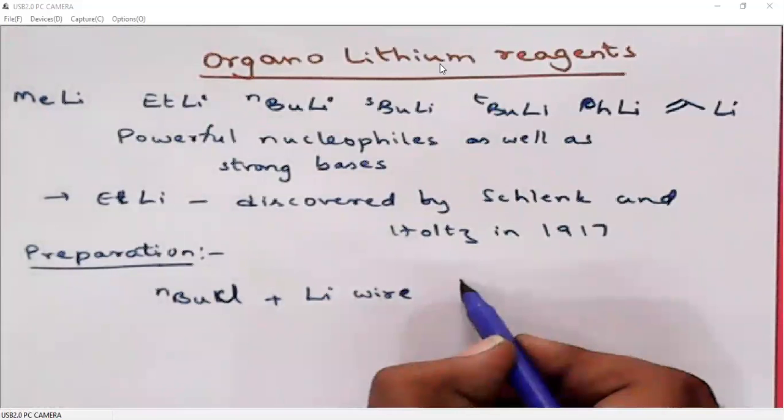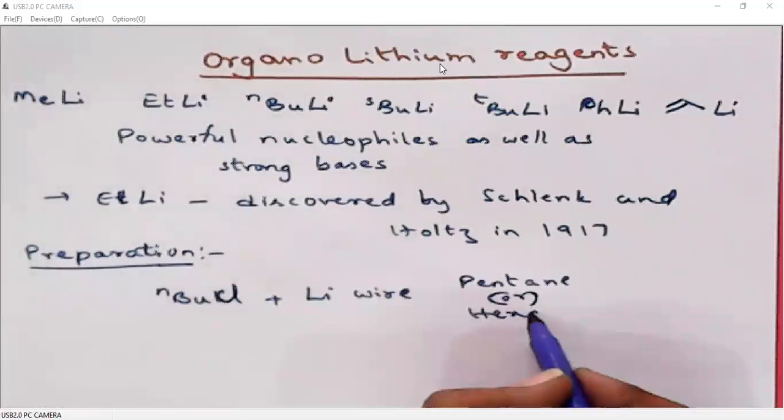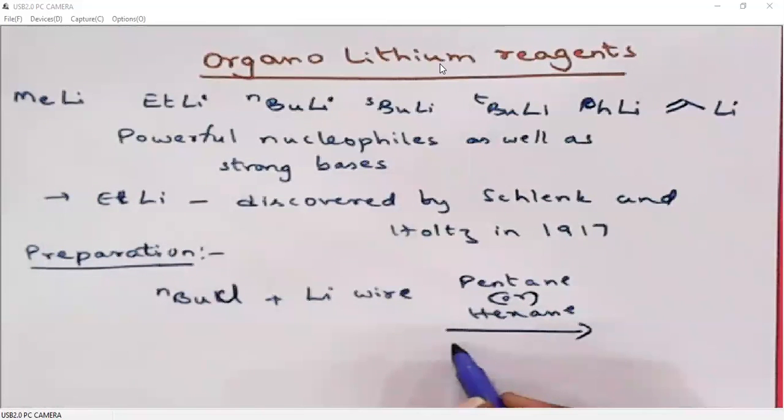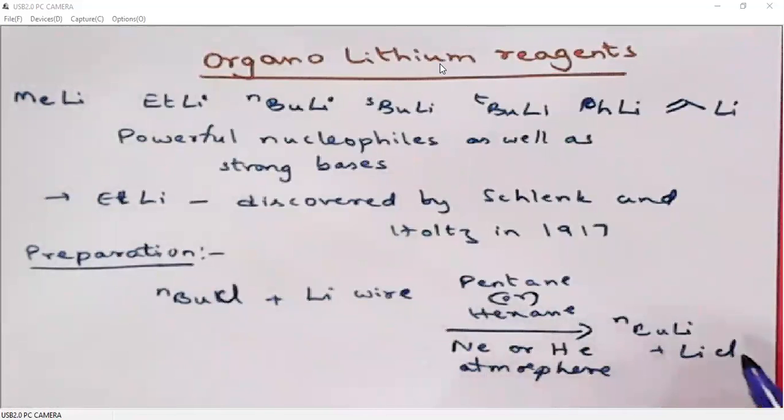Generally, we use pentane or hexane solvent, and we apply either neon or helium atmosphere. The product is n-butyl lithium plus lithium chloride. Generally, the yield will be more than 90%.